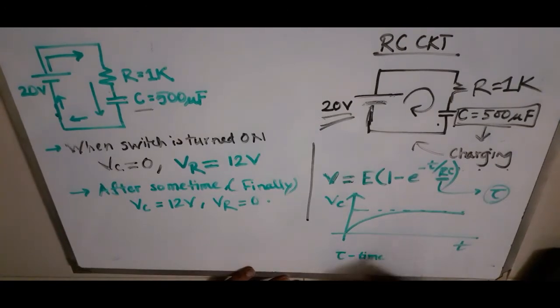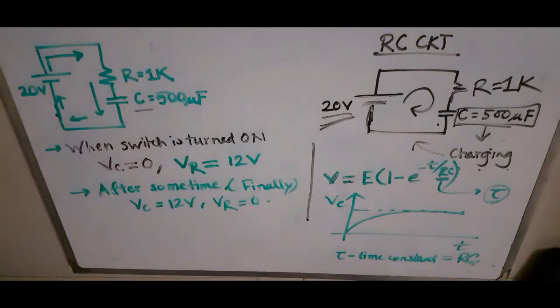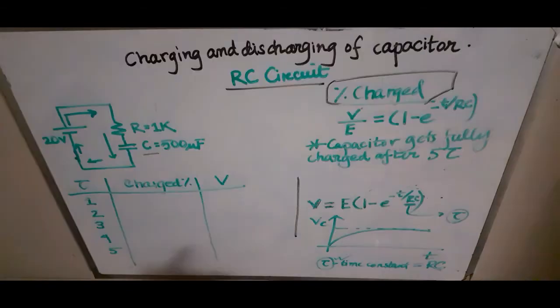This is called the time constant, denoted with tau, and the equation for tau is RC. So this can easily be calculated using the R and C given in the question paper. These are very easy things.